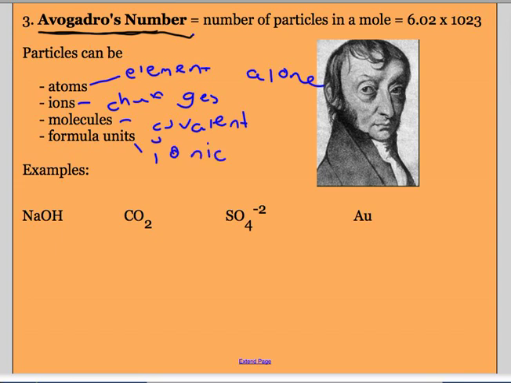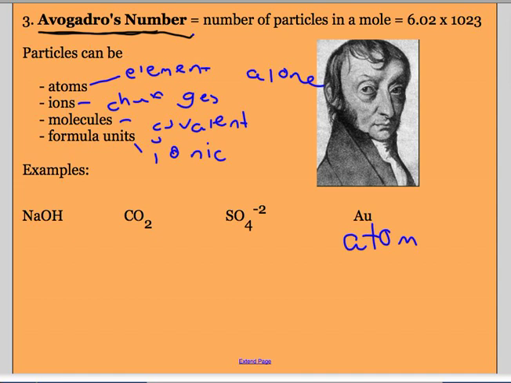So you want to take a second, just try and do the following examples. Figure out which one's an atom, an ion, a formula unit, and a molecule. So the first guy, good old gold, is an atom.